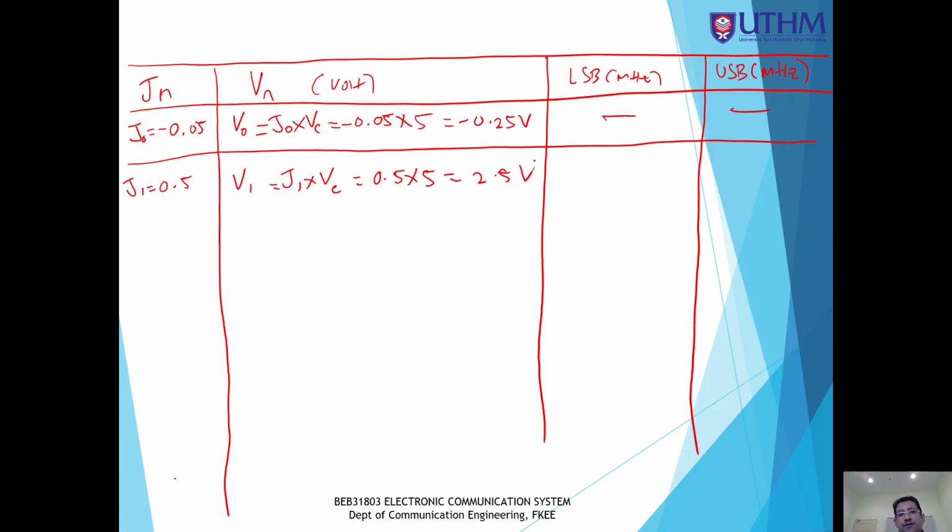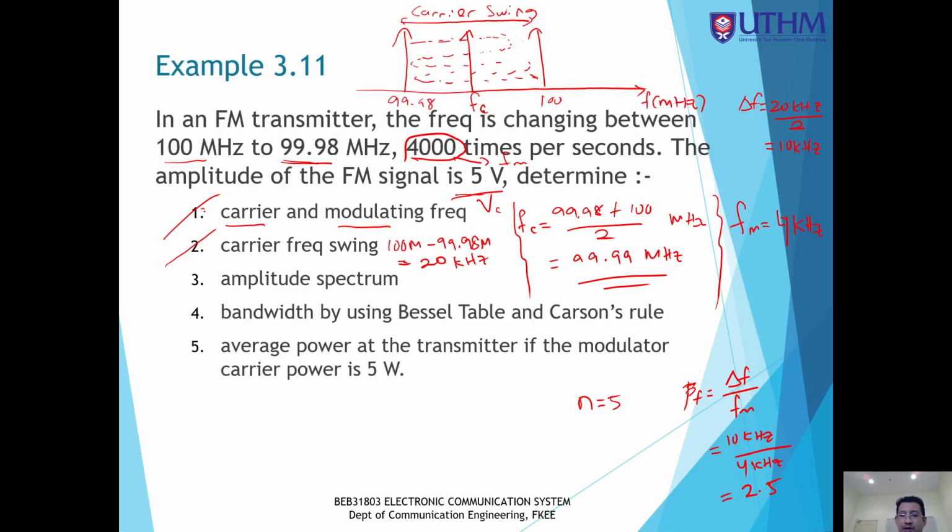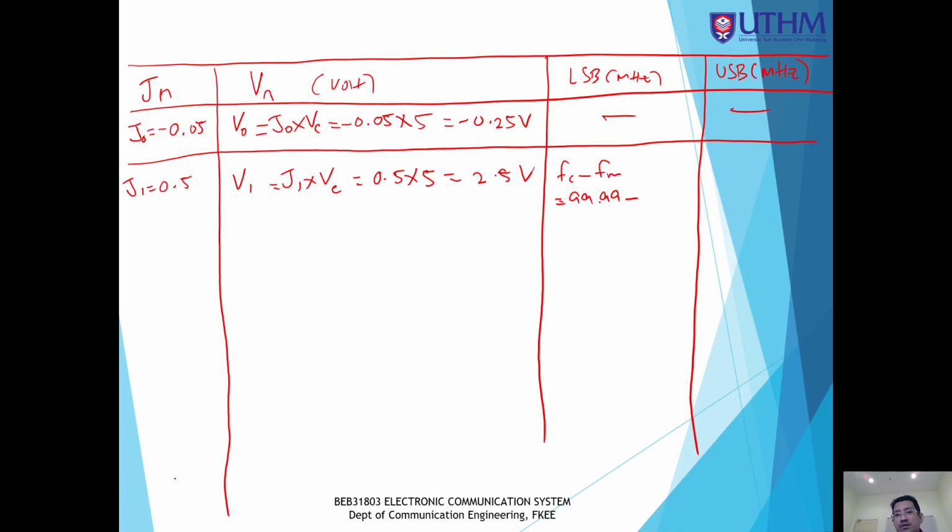Okay, and then for the sideband, the lower sideband is Fc minus Fm, so this is located at 99.99 minus 4 kilohertz, which is very small, 0.004. So this is 99.986.